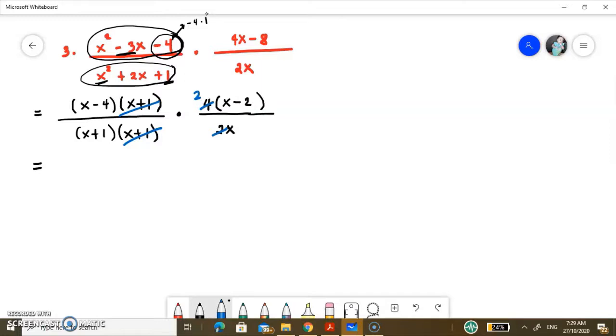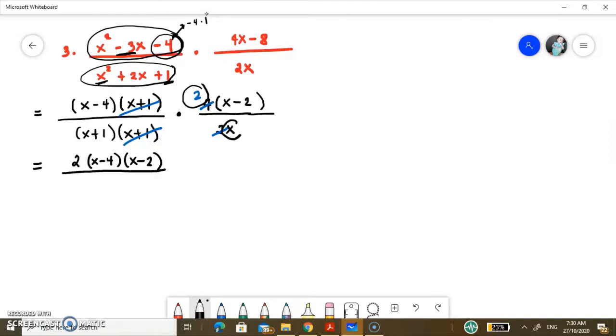So, our final answer would be, ayan, can write this sa unahan. So, 2 times x minus 4 times x minus 2. O, commutative property ng multiplication. So, kahit rearrange mo yan, still the same, the value won't change.